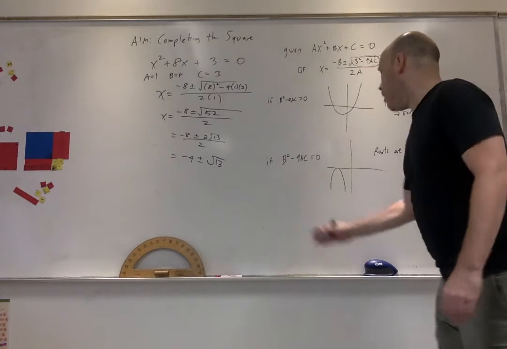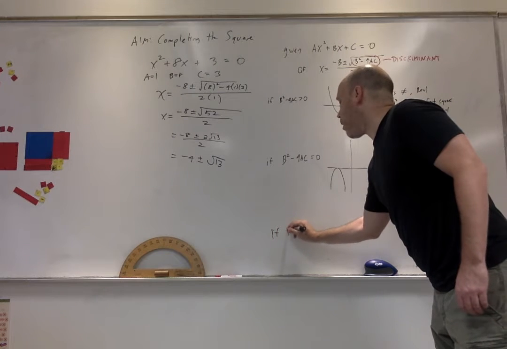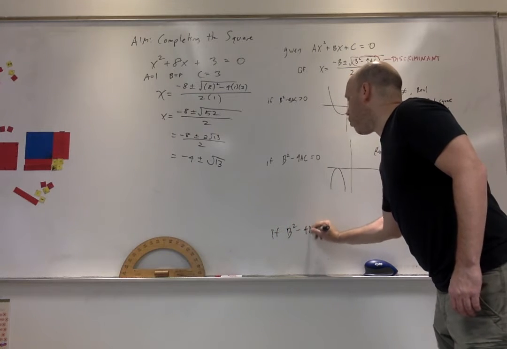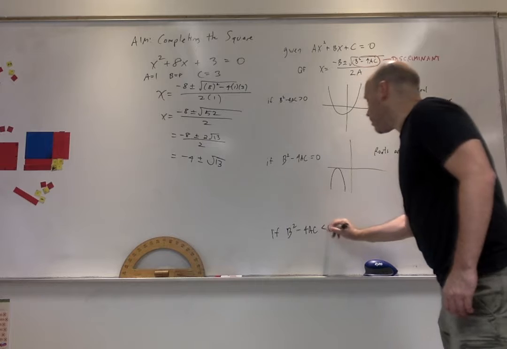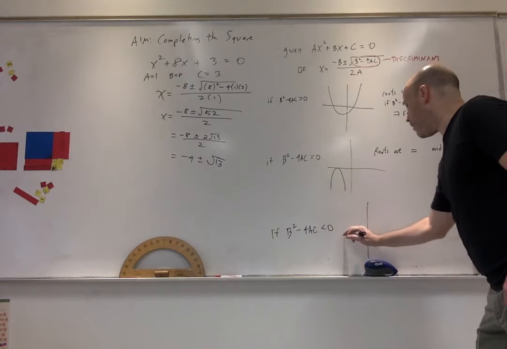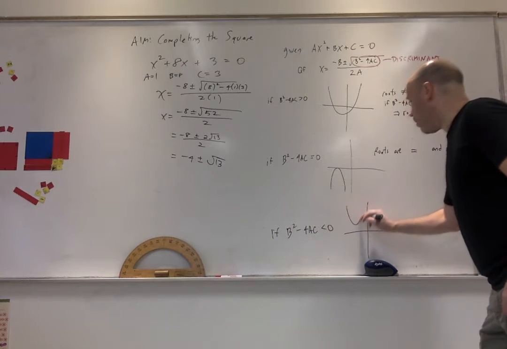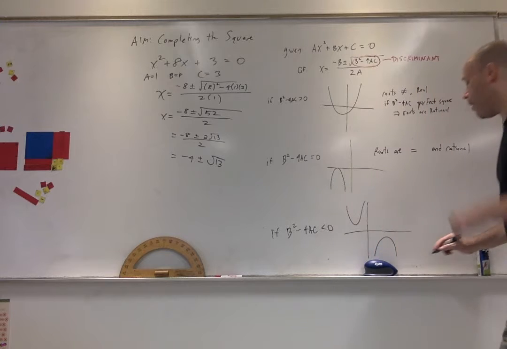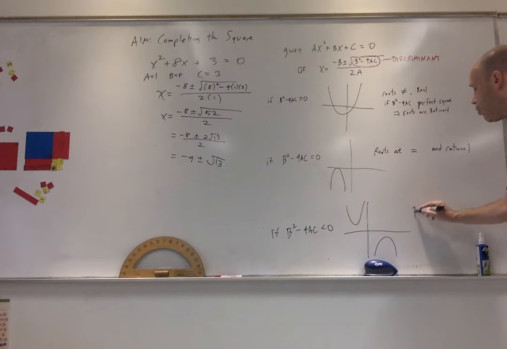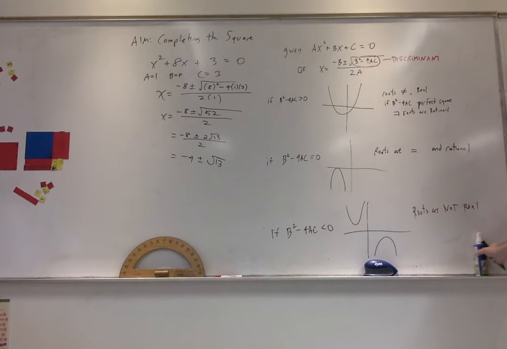The last case is when b squared minus 4ac is less than 0, and we saw in the last unit that the parabolas kind of look like this. And so we know the roots are not real. That means they're complex.